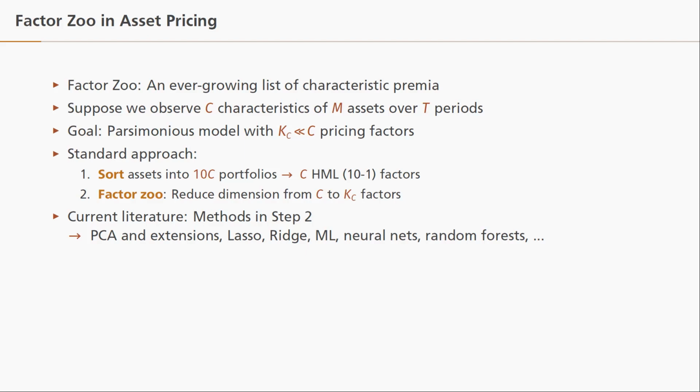And then we take these characteristics. Every month, we sort assets on each of the characteristics, maybe univariate sorts, bivariate sorts. At some point, you don't have enough stocks to go deeper. Here, let's say, we form decile portfolios. So we have 10 C decile portfolios, and then we form the high minus low, the 10 minus 1 factor.